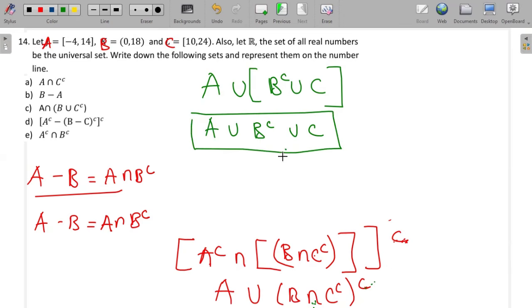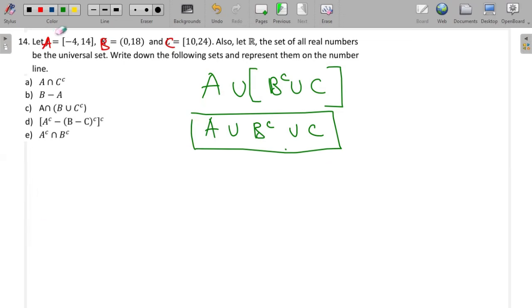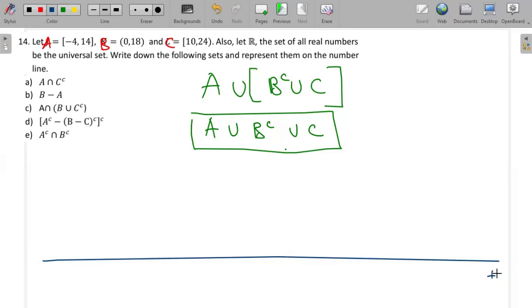So we can now plot this on the number line. Let's do that. Let's start first with this B complement. So positive infinity not included, minus infinity not included. Let's plot the B complement. So the B is from 10 to 24. Oh, that is the C, right?